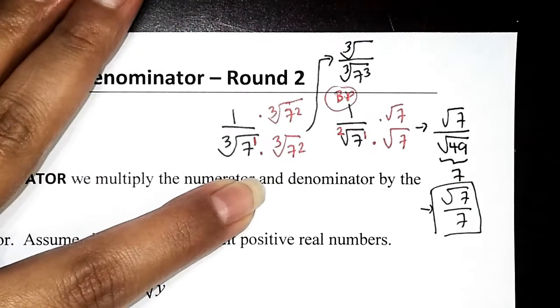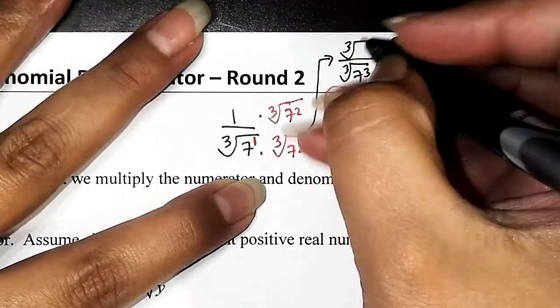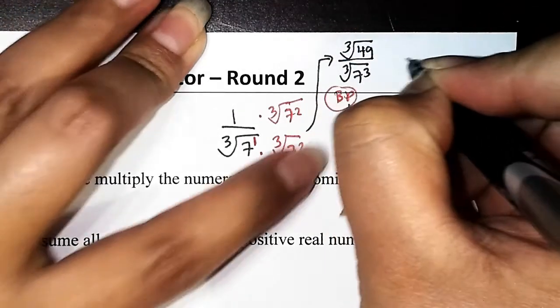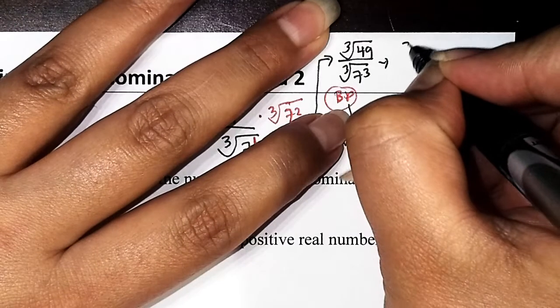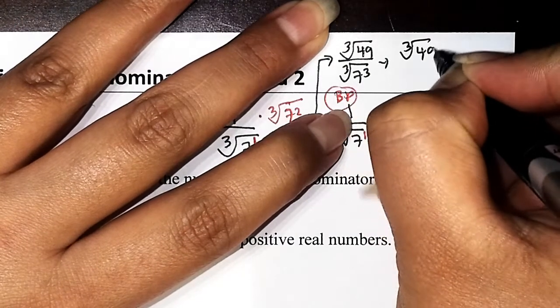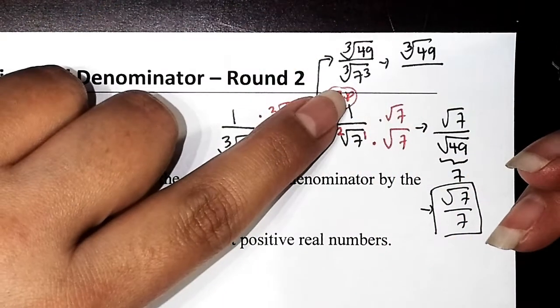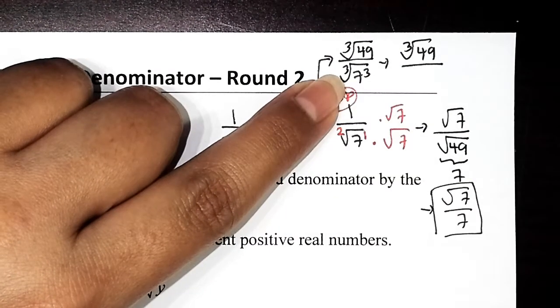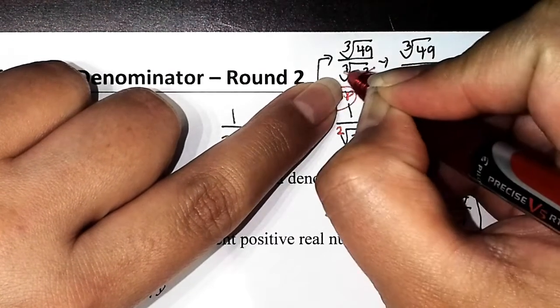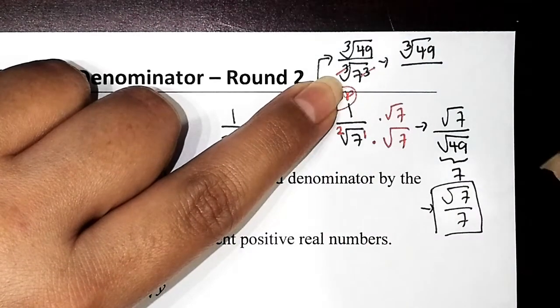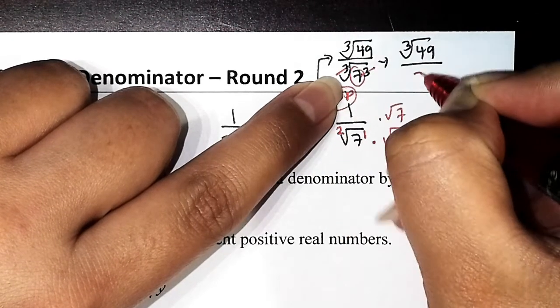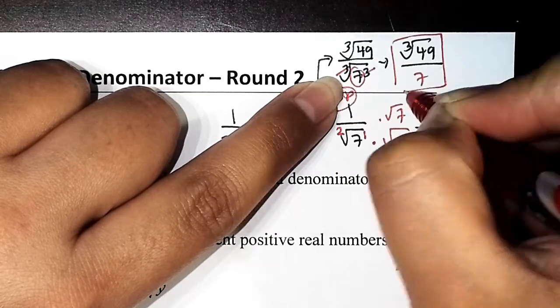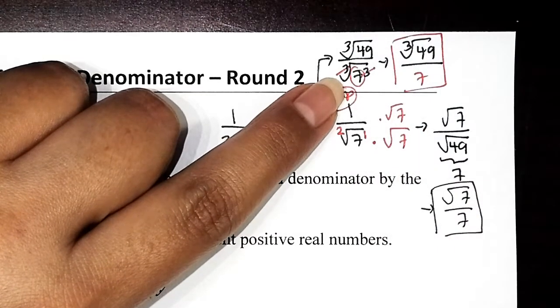The square of 7, or 7 squared, is 49. So that will give us cube root of 49 over... coming to our problem, the index is 3, the power is 3, the power of 3 and the cube root undo each other, and that will leave us with the radicand of 7. So we rationalized the denominator right there.